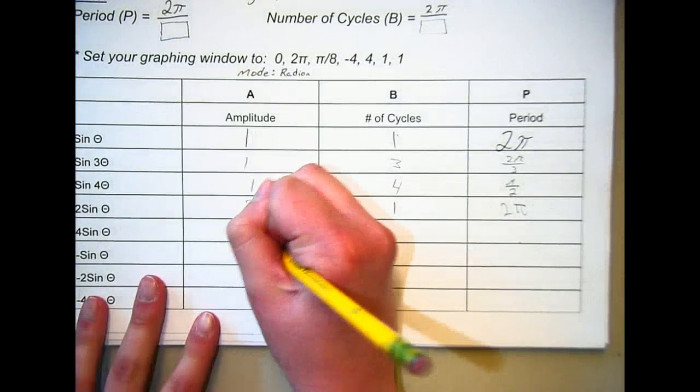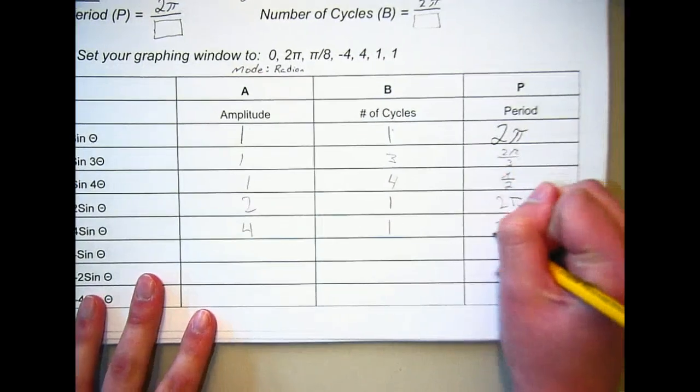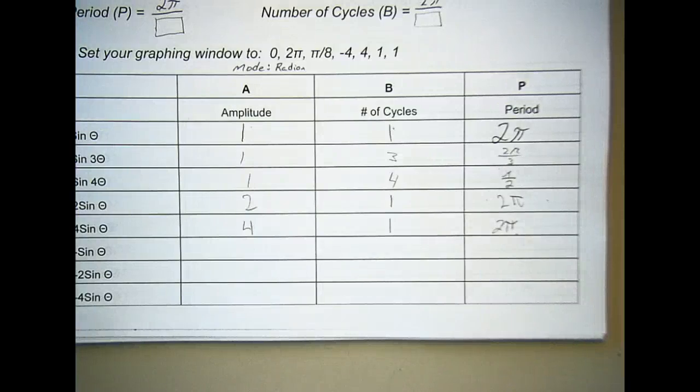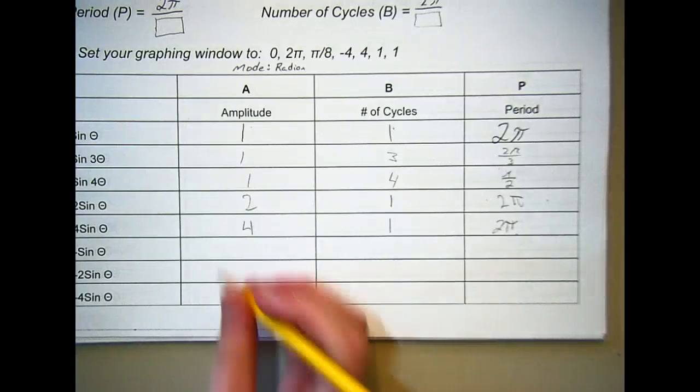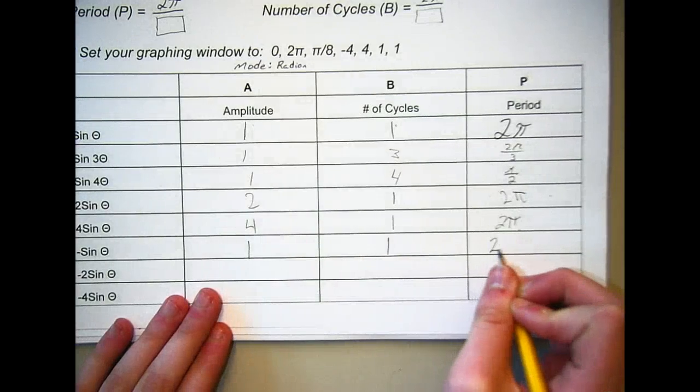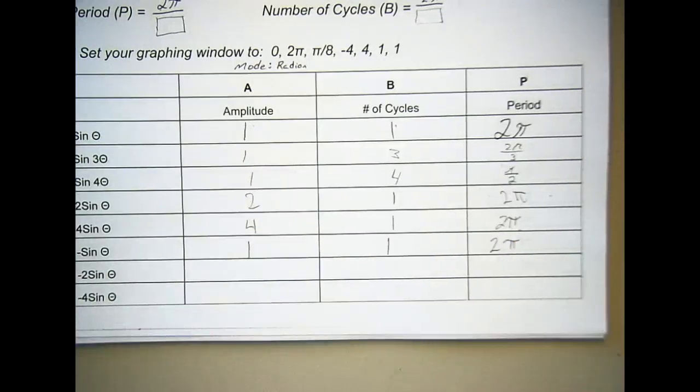Okay, yeah, it's 2 pi. Well, how do you figure out all the periods? So if it was negative sine, is that a 1? I wrote 2 pi over b. I already told you that. Wait, does that mean the number of cycles is 2 pi over 8? No. Number of cycles is b.